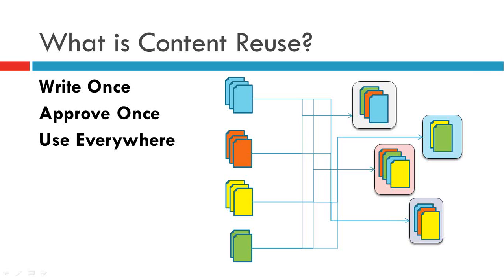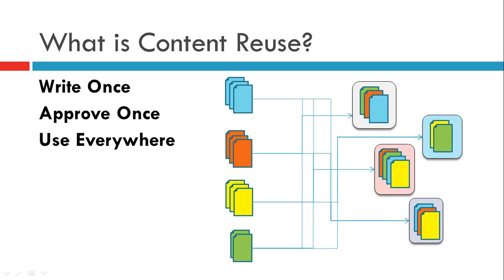I'll start this session with the introduction of what is content reuse. So content reuse is an approach to document management in which written content is broken up into chunks or various modules that are reused at different locations across one document or maybe different document sets.